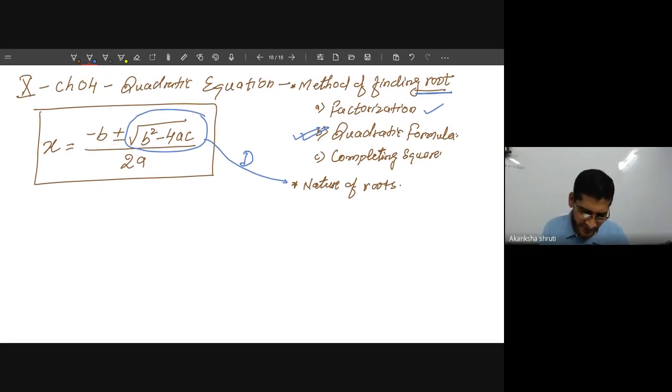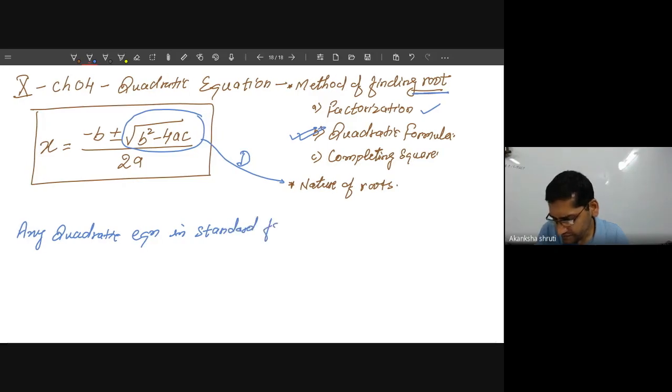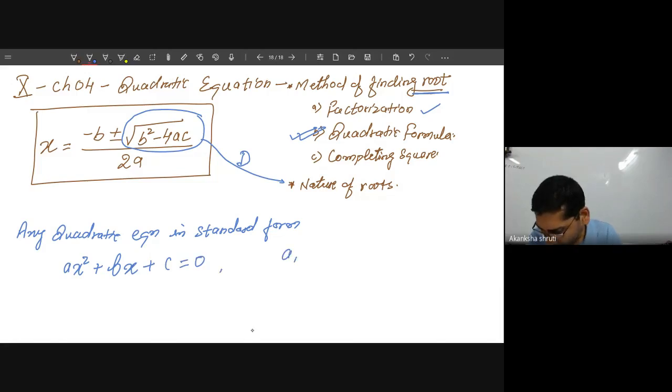Students, just recall the previous thing that we have learned. Any quadratic equation in standard form is given as ax square plus bx plus c is equal to 0, where a can never be 0.